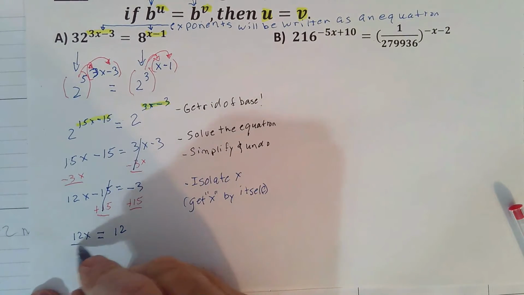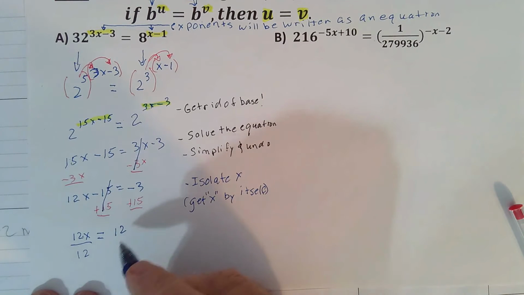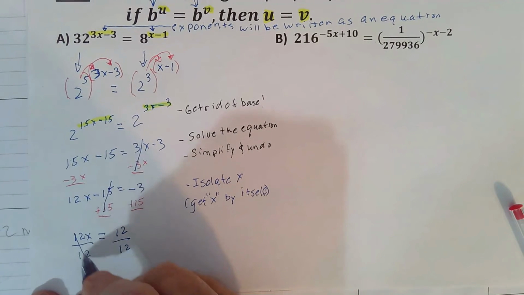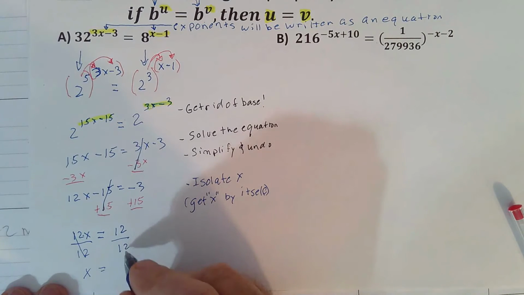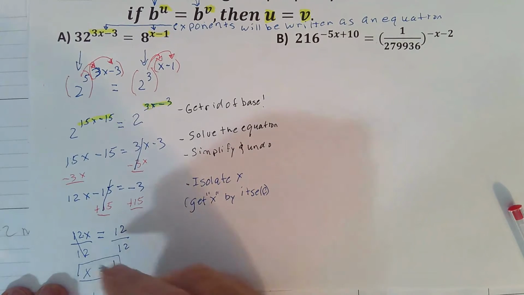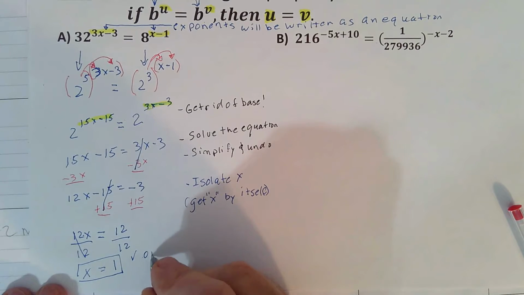So divide by 12, because this is multiplication between the 12 and the x. And I'm going to divide the 12 on the other side by 12. And 12 divided by 12 is 1. That leaves me with 1x. And 12 divided by 12 over on the right is also 1. So x equals 1.